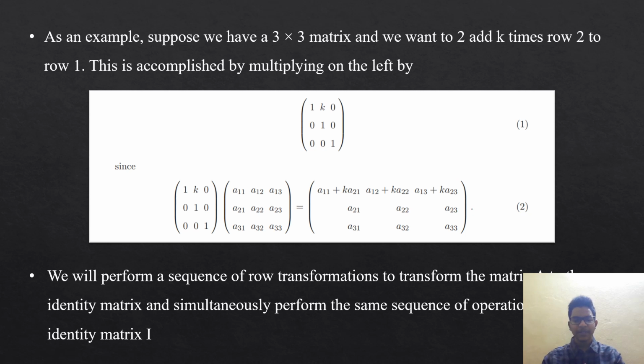We perform a sequence of row transformations to transform the matrix A to the identity matrix, and simultaneously perform the same sequence of operations on the identity matrix I. Each of these operations can be regarded as multiplying the matrix on the left by another matrix which does the transformation.